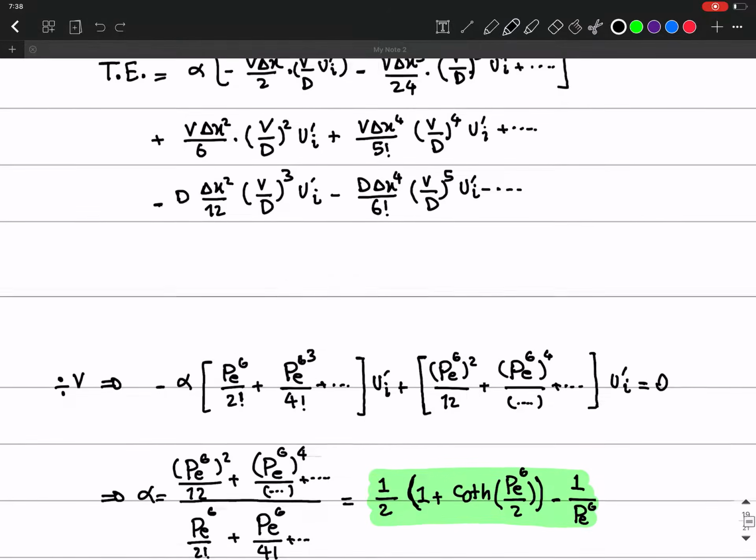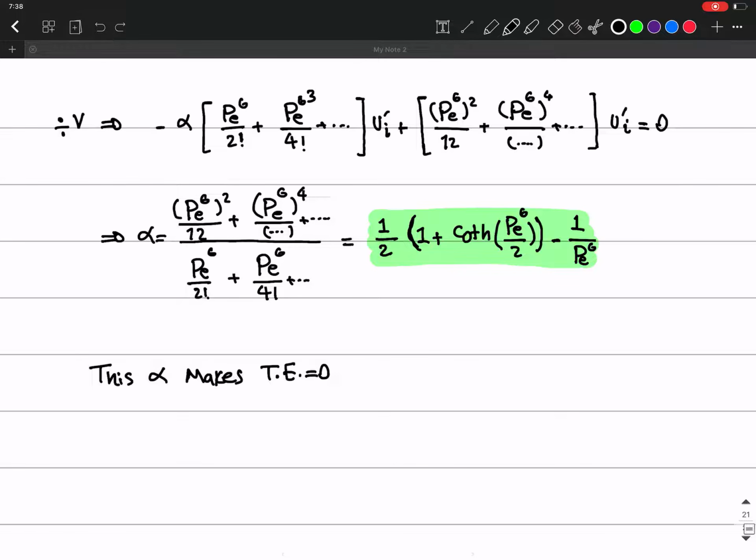Think a little bit about it. What does it mean? It means that this finite difference approximation gives the exact solution for the PDE, for the considered PDE.